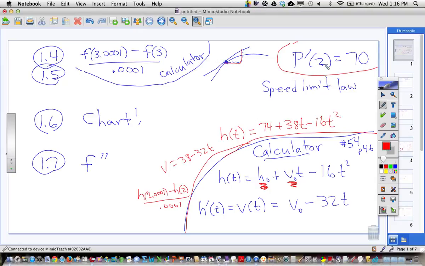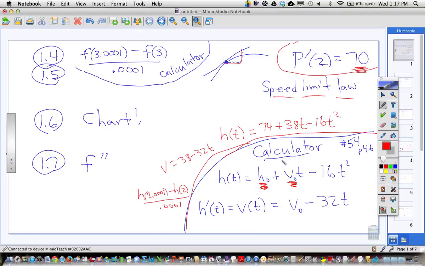At 2 hours, which meant at 2 p.m. since we started at noon, it's moving east 70 miles per hour, because P was the position, so P prime would be the velocity, and that'd be miles per hour. So it was moving east, since it's positive, at 70 miles per hour at 2 p.m. Something like that, where you have to put that into words. And then, of course, the speed limit law, and we did some review of that today as well.